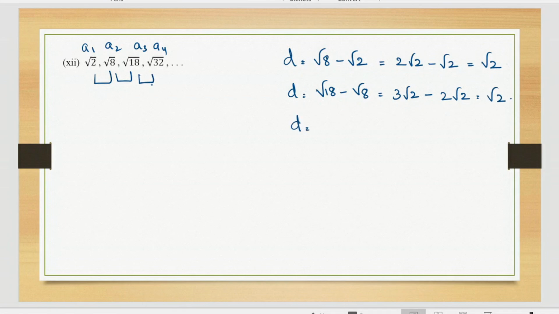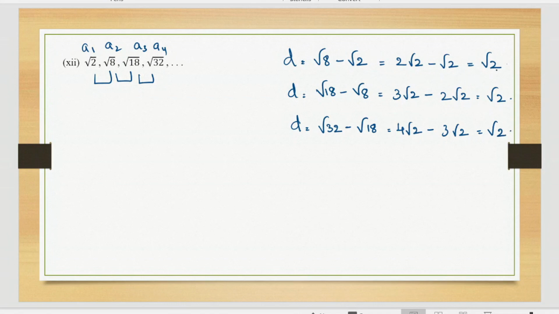So the next common difference between a3 and a4, which is a4 minus a3. a4 is root 32 minus root 18, which is a3. So root 32 can be taken as 4 root 2 minus root 18 is 3 root 2, which is root 2.